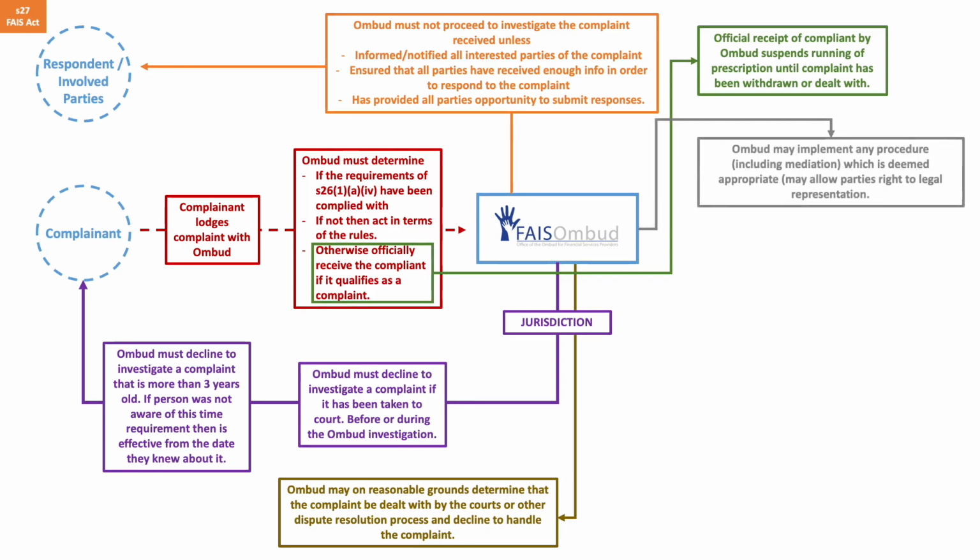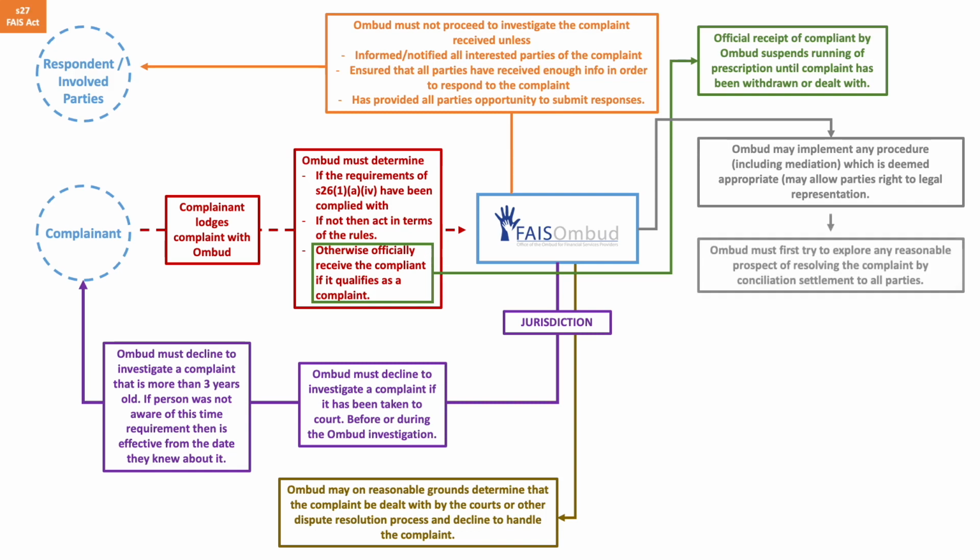The Ombud may implement any procedures, including mediation, which is deemed appropriate and may allow parties the right to legal representation. The Ombud must first try to explore any reasonable prospects of resolving the complaint by means of conciliation settlement to all parties.